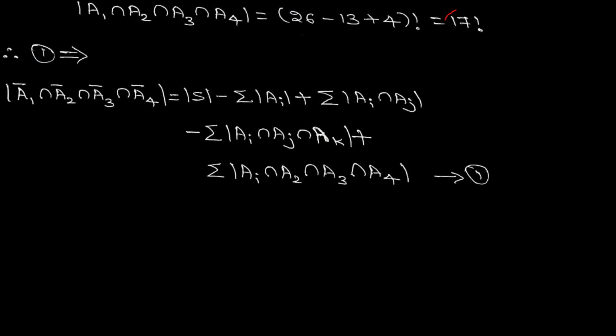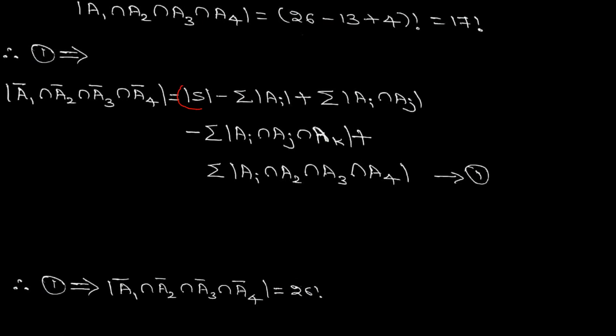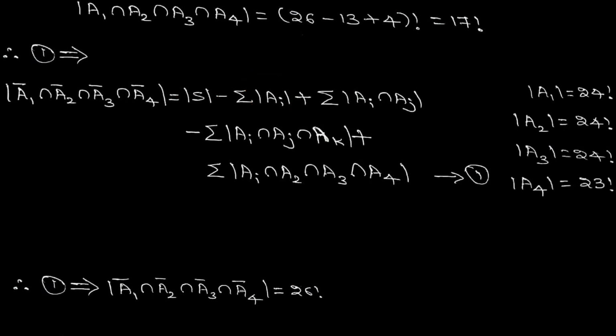Simplification gives 17 factorial. Now let us substitute all which we have found till now in this formula. We have substituted the cardinality of S as 26 factorial and the summation of all these Ei's, A1, A2, A3, A4 cardinalities, are given by this.